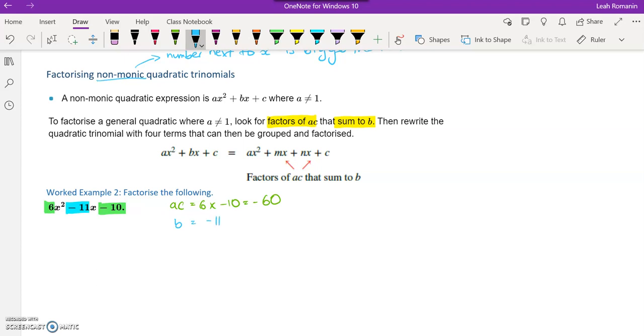Okay, so now we want two numbers that multiply to negative 60 and add to negative 11.